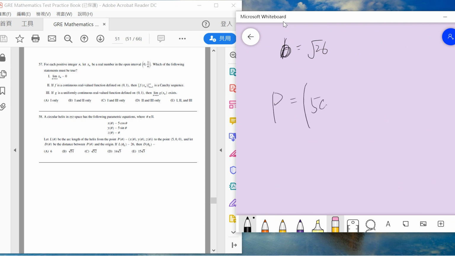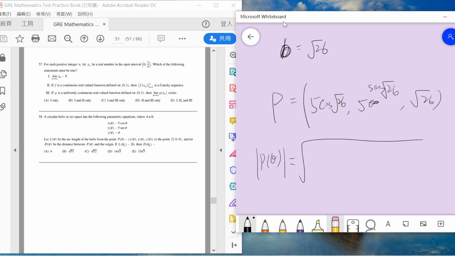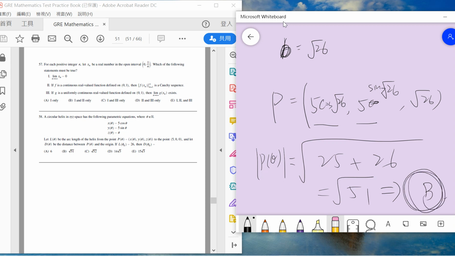Just (5 cosine square root of 26, 5 sine square root of 26, square root of 26). So the distance, just these two squared, 25 plus 26, is the square root of 51. So we choose B.